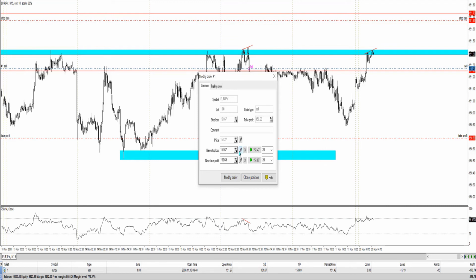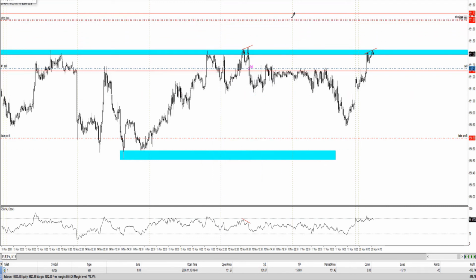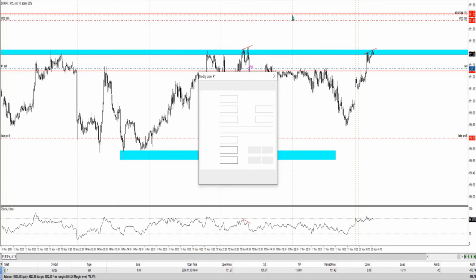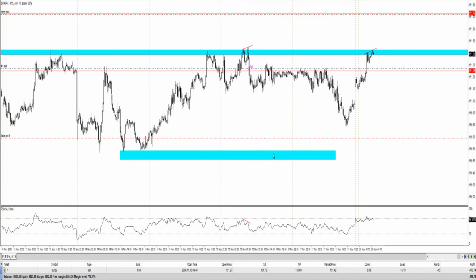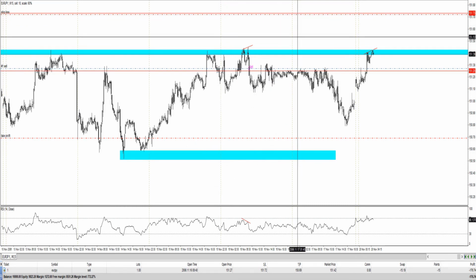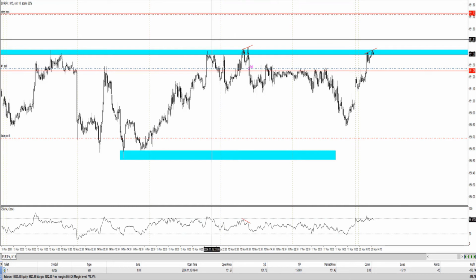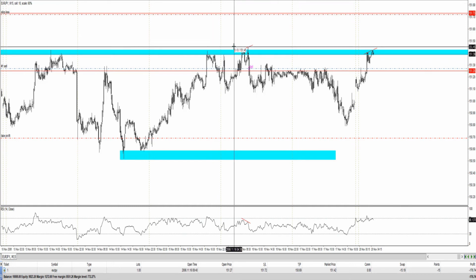So the new stop loss, make sure that we don't get stopped out by that order, far away from that high all the way.